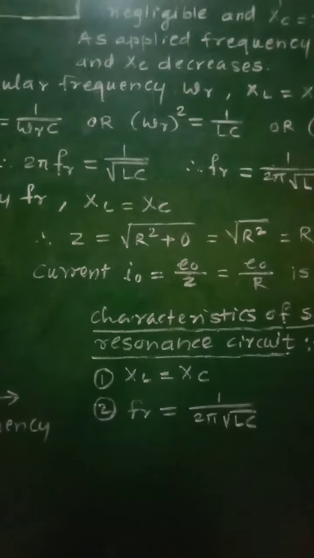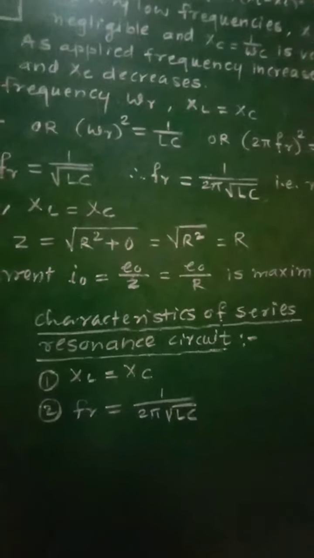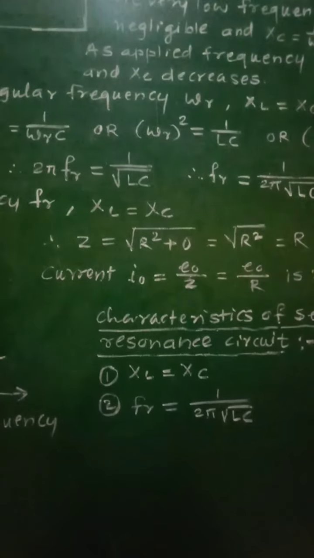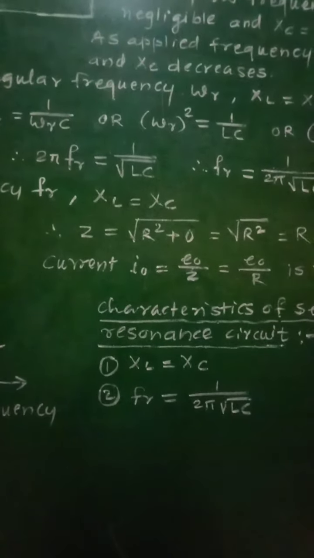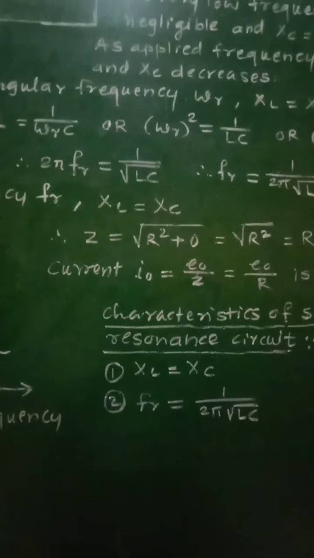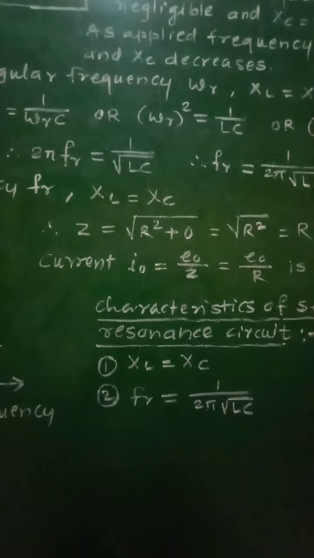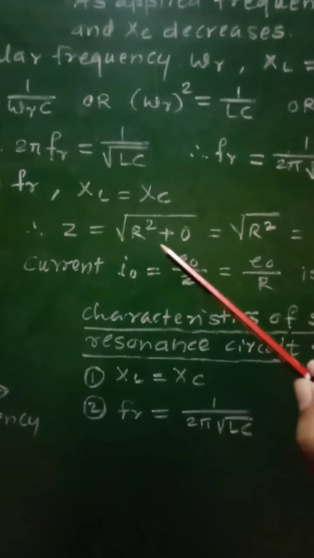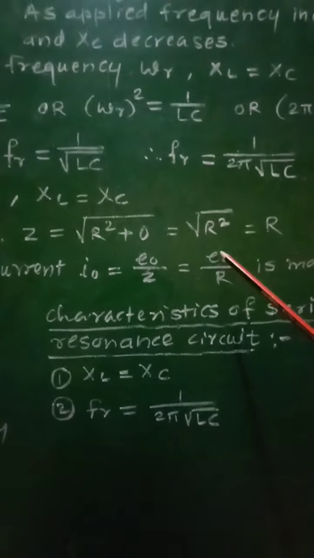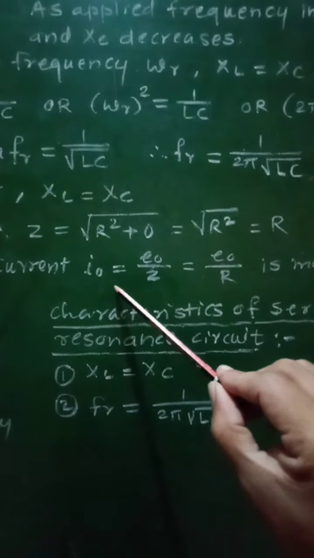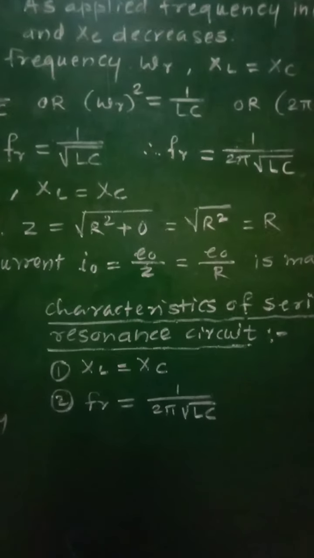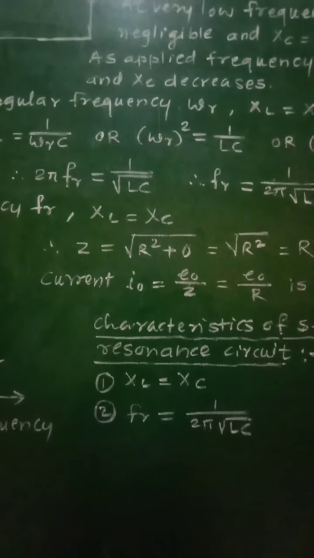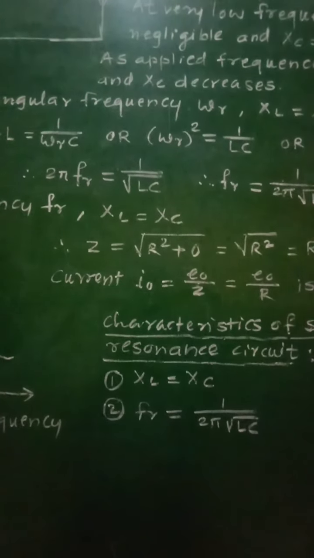Now if you consider the variation of RMS current versus frequency, from this relation it is clear that as I0 is equal to E0 upon R, this peak value of current is inversely proportional to resistance R. And now let us consider the variation of RMS current with frequency of AC.